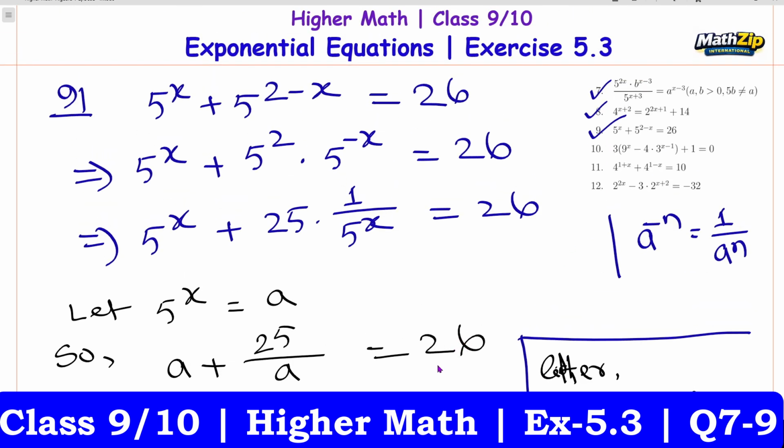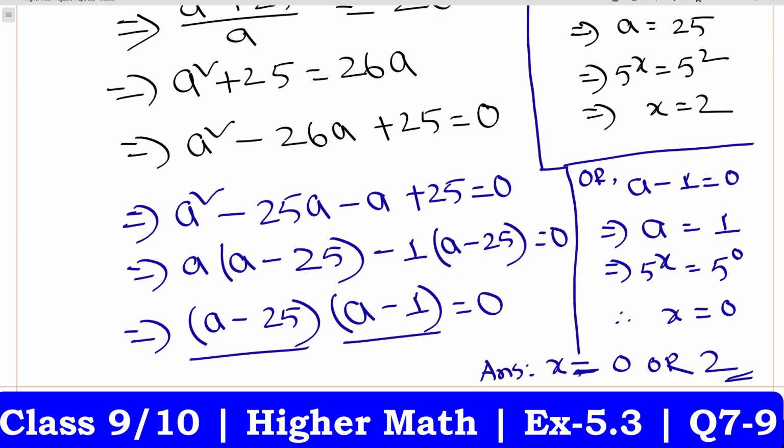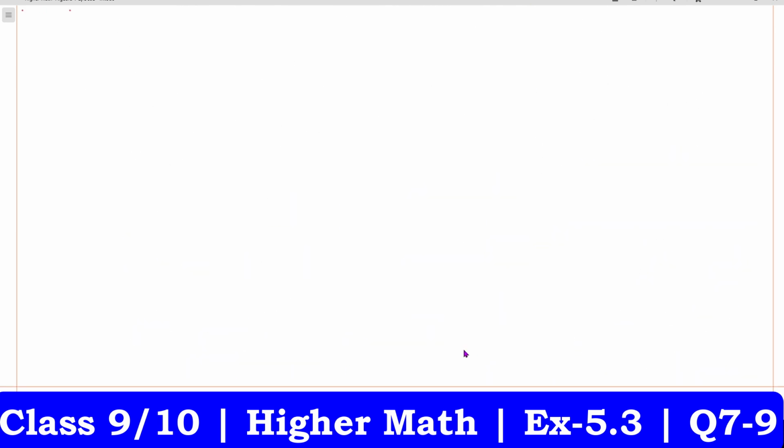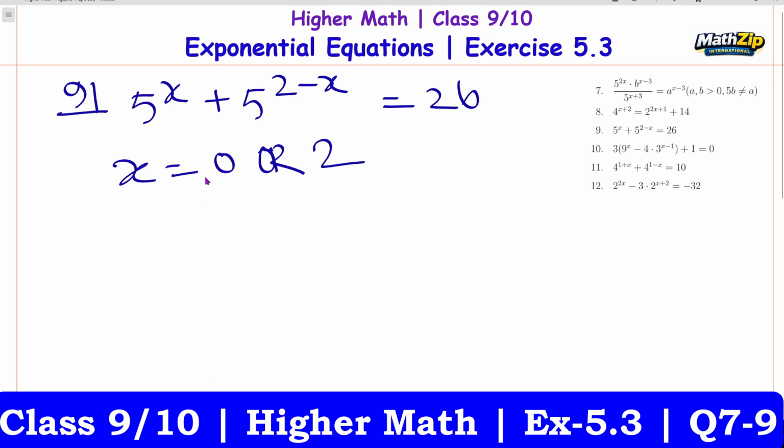Now if you want, you can verify which one is exactly correct. So we try to verify our answer. We got two answers, so we need to verify something. x equals 0 or 2, which one is exactly accurate? So verify the left hand side.